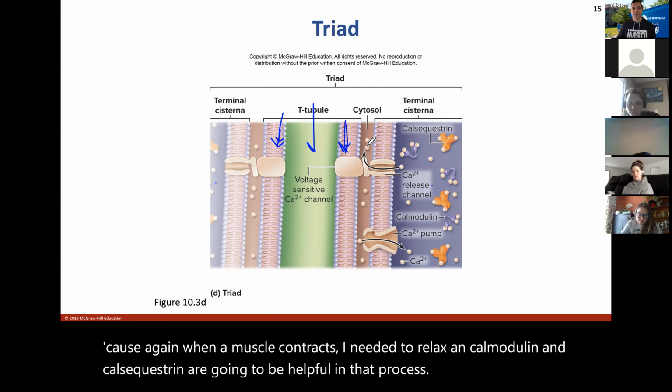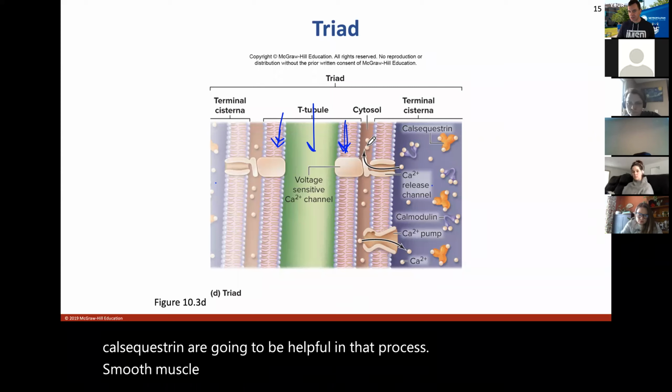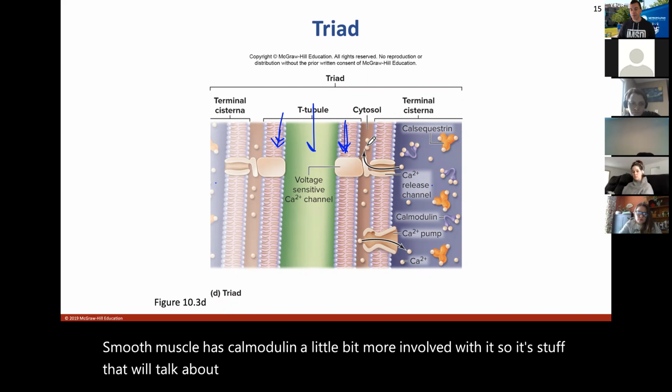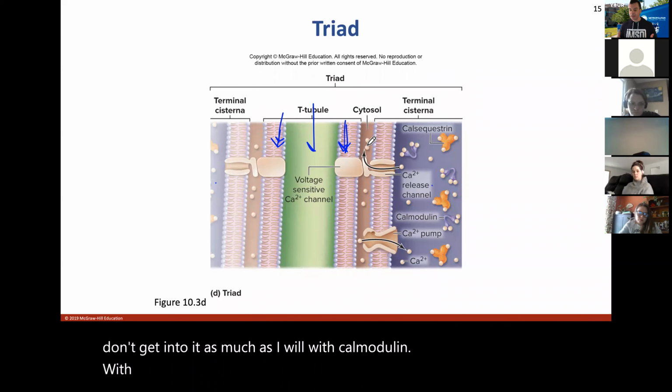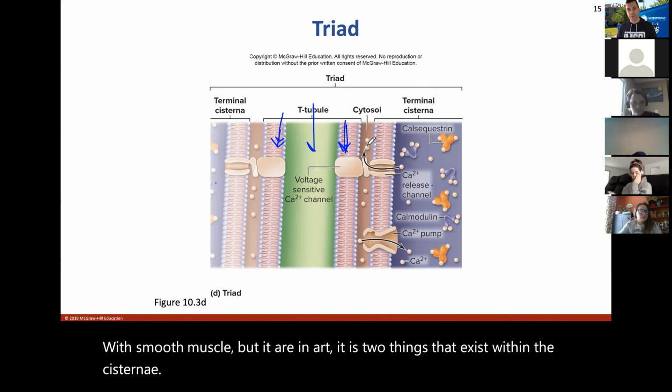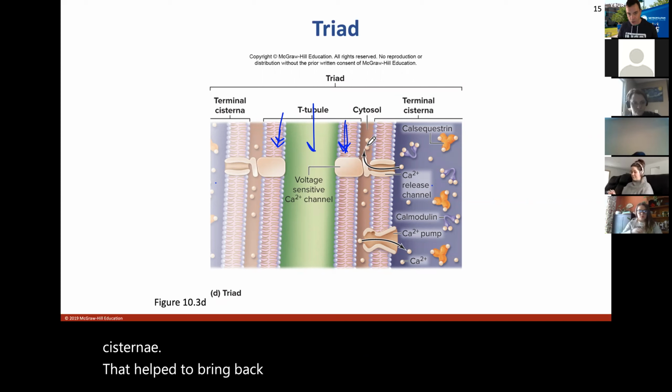Smooth muscle has calmodulin a little bit more involved with it. So it's stuff that we'll talk about again and mention briefly. Here in skeletal muscle, I don't get into it as much as I will with calmodulin in smooth muscle, but it is two things that exist within the cisternae that help to bring back in and help to hold on to calcium within it.